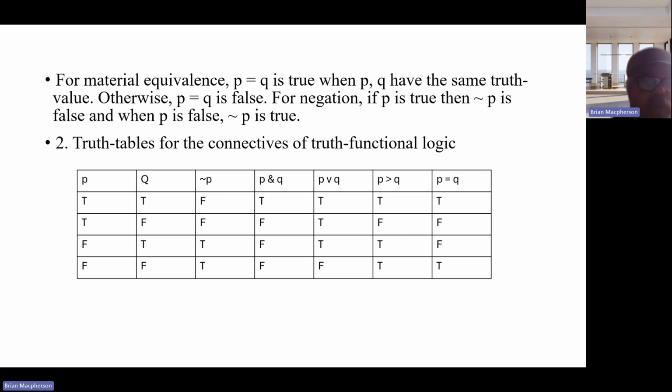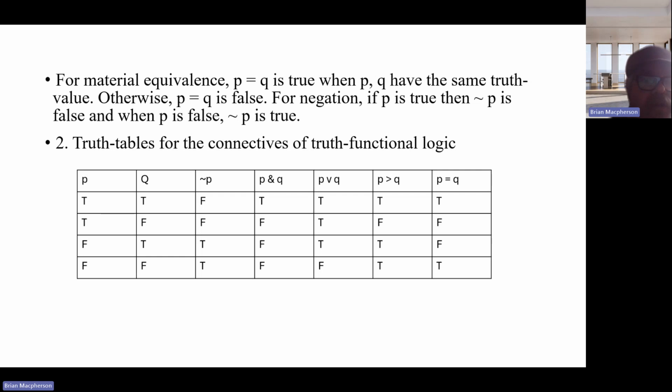With P and Q, I can build the sentence not P, the sentence P and Q, the sentence P or Q, the sentence P then Q, or the sentence P if and only if Q. What you will notice is that the truth values of these complex sentences are solely functions of the truth values of the sentences that make them up.